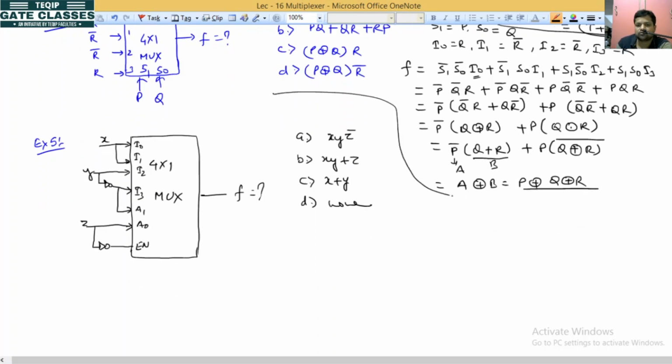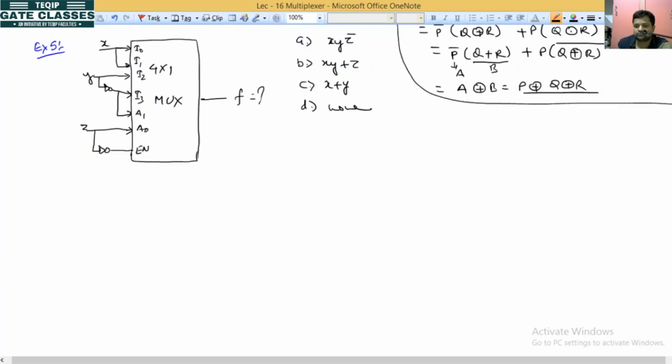Now I have one more question. So in this question I have again a 4x1 mux. Generally, either a 4x1 mux or a 2x1 mux comes; till now that is what has come. 8x1 is very difficult, but these two come, okay. So we have I0 is x, I1 is x, I2 is y, I3 is y bar.